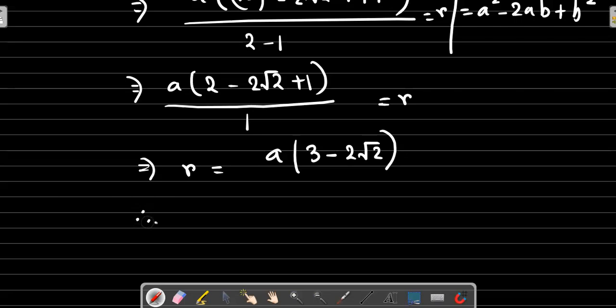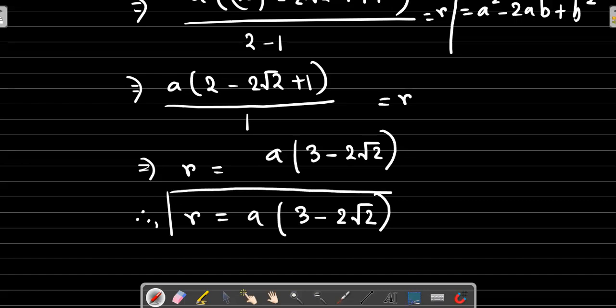Therefore you get R is equal to A into 3 minus 2 root 2. This is the final answer.